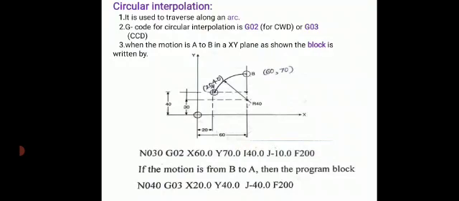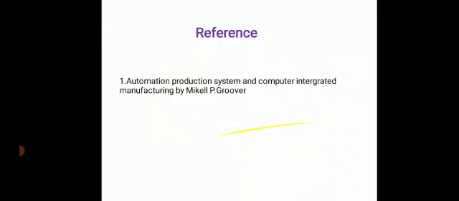If the motion is from B to A, then the program block is N040, G03, X20, Y40 and J40 and F200.